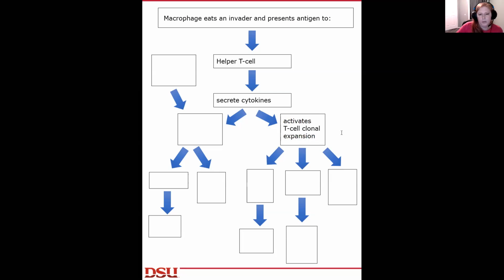We know that when clonal expansion starts, we have three possibilities. We can either get more helper T cells, sidekick T cells. We can get the truly awesome, the truly amazing cytotoxic killer T cells. Or we can get our memory T cells.